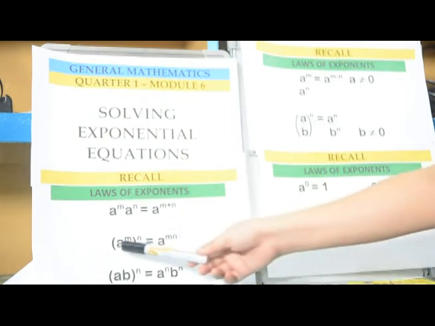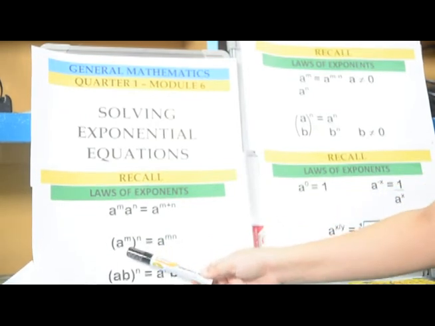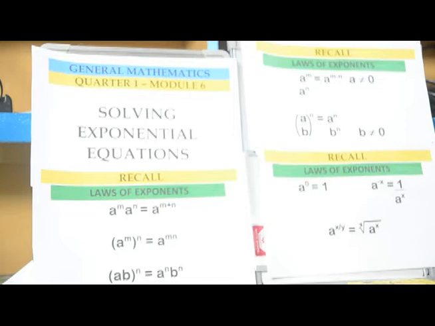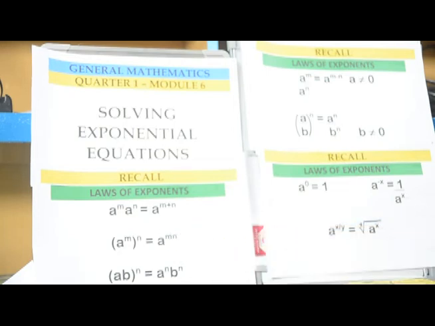But if a raised to the power of m is raised to n, you just simply multiply the exponents. So a raised to the power of m times n.